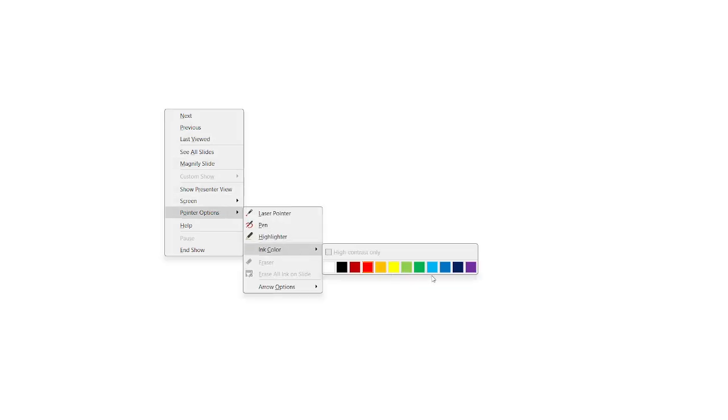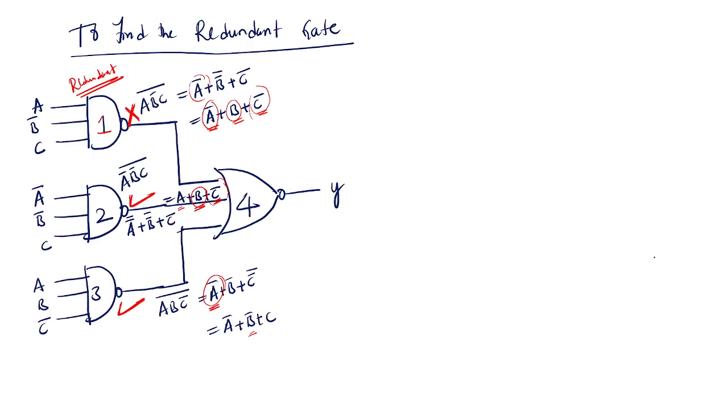Sir, what is the final equation? Yeah, the final equation: this is a NOR gate, no? So NOR gate means A or B or C bar, or next A bar or B bar or C, whole bar.